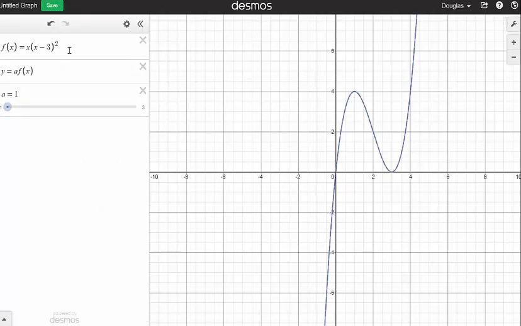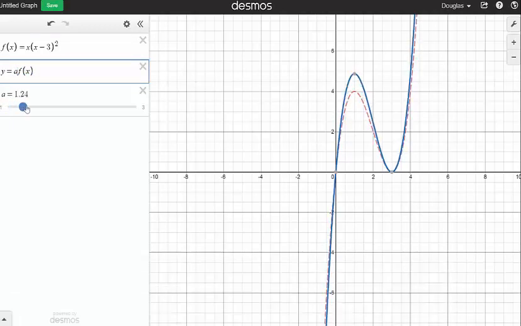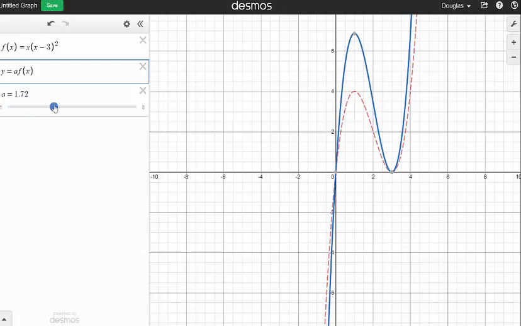Alright, so we're here in Desmos. We're using the same function that we've been using before, and it's just kind of a random function. But note that on the stretched function we have the a hanging out here just like we did in the handout, and note that as a increases, this one is growing up, this one is staying stuck to the axis here and here.